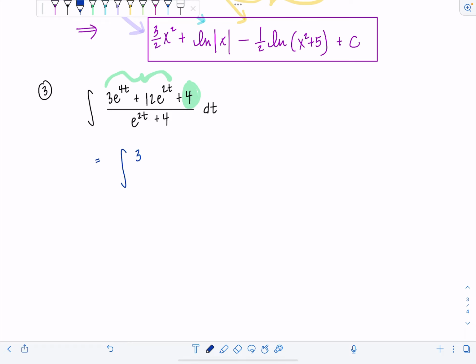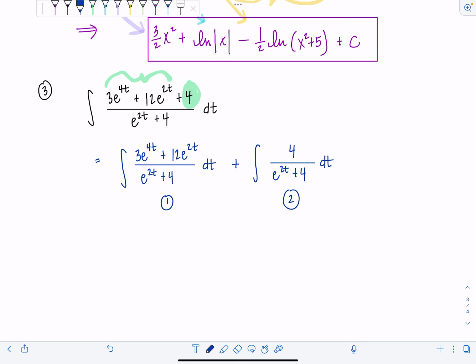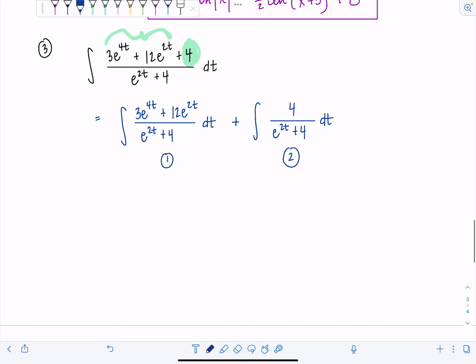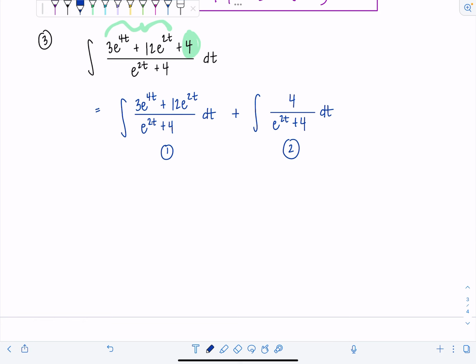So I'm going to split it into 3e to the 4t plus 12e to the 2t over e to the 2t plus 4 dt. That's going to be integral 1. Plus integral 2 will be 4 over e to the 2t plus 4 dt. Okay, and we're going to tackle each of them separately. I know integral 1 looks more frightening, but it's actually way easier than the second one.